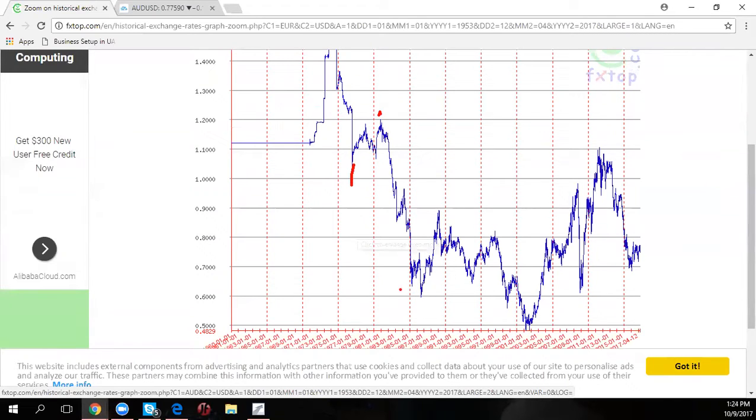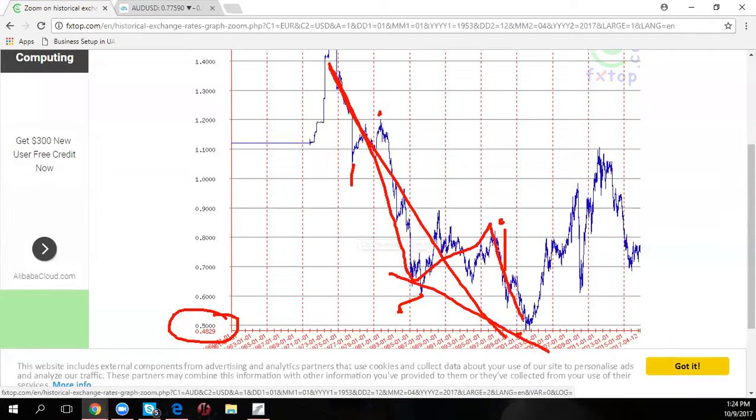You can label 1, 2, 3, 4, 5, but that is incorrect, because then this would be wave 1. Can you tell me where wave 3 and wave 4 are going? Nowhere. This is a simple 1, 2, 3 complete structure because it's an A, a B, and a C wave.